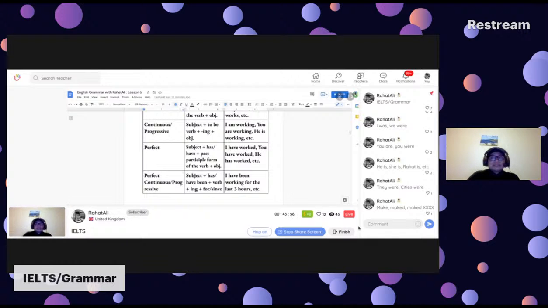So let me give you an example. Help is a regular verb. Helped, helped. Look, in both past tense and past participle, the main form help is there. It didn't change, so this is a regular verb.